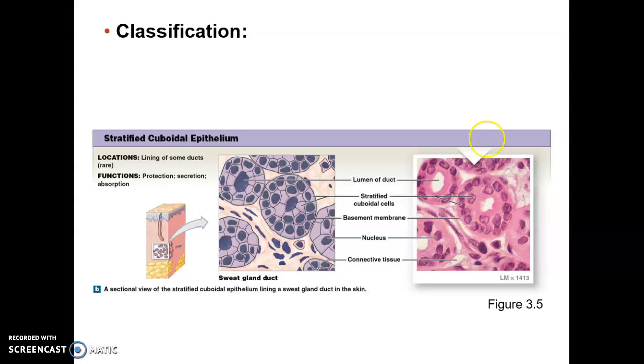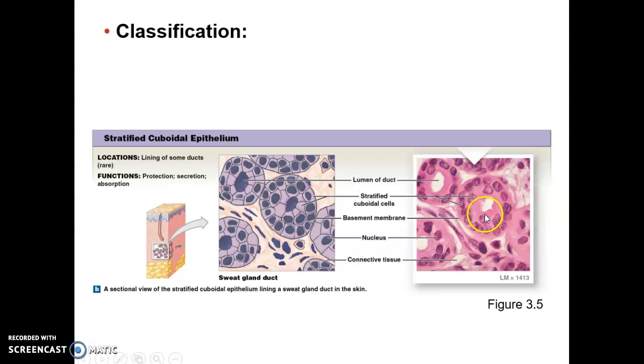But if you look here, where's my cursor? Here we go. There's one layer of nuclei, so that tells you that there are cells there. And then there's another layer. Even though you can't see all the nuclei, you can see some. So there's at least 1, 2, at least 2 cell layers thick.